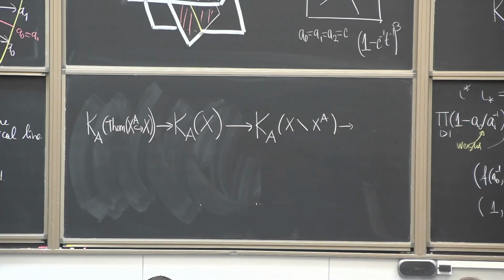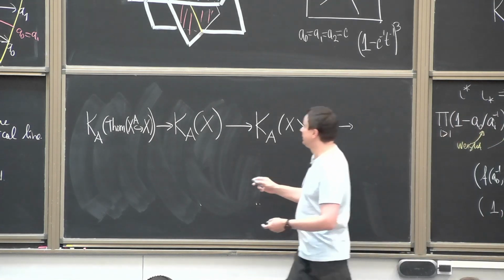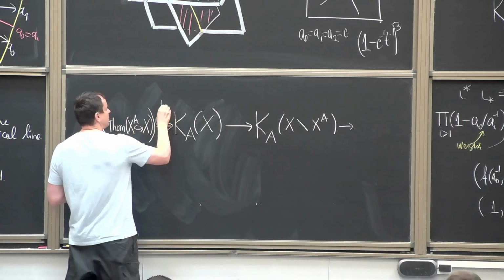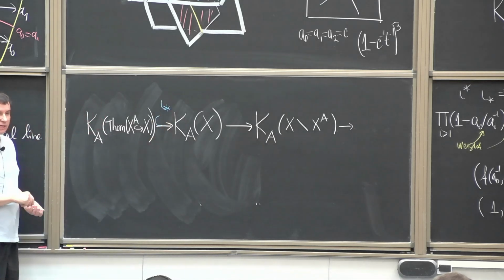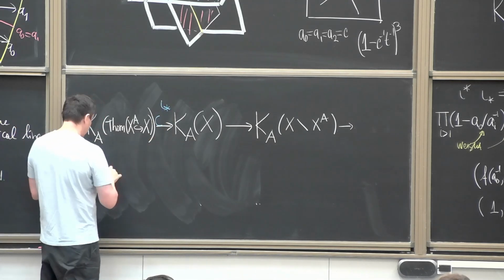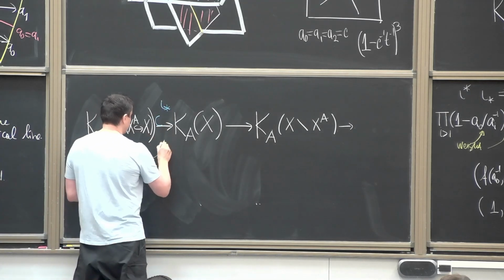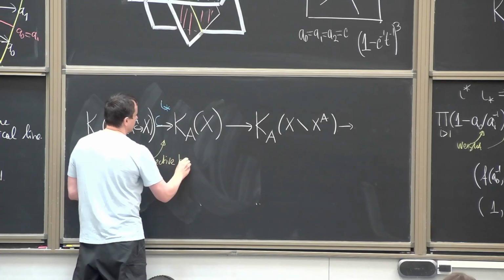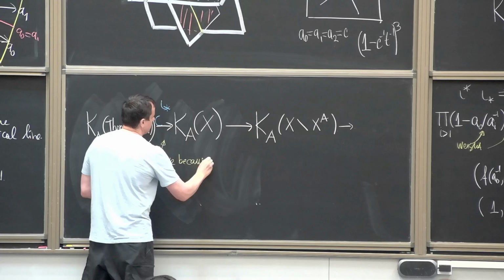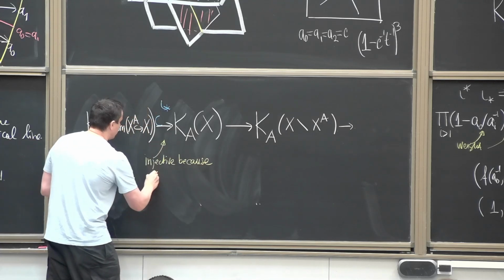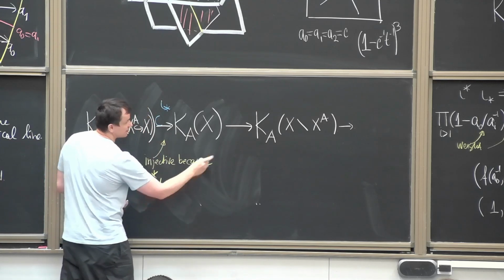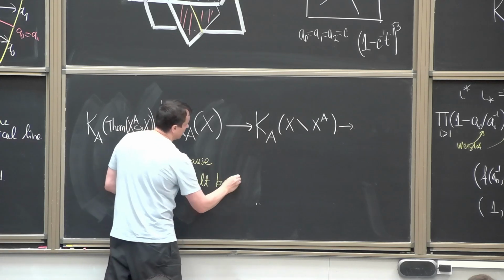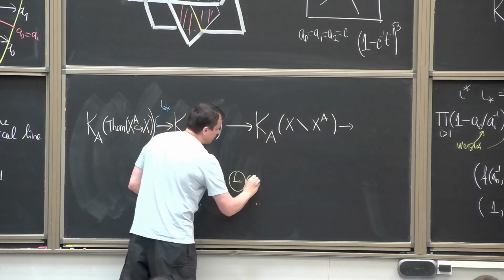Now, this map is always injective. So this is the push forward map. Why is it injective? Because the composite is multiplication by the theta of the normal bundle.